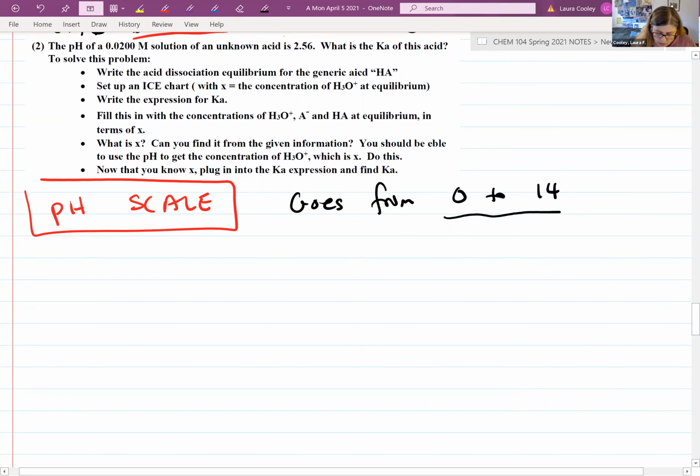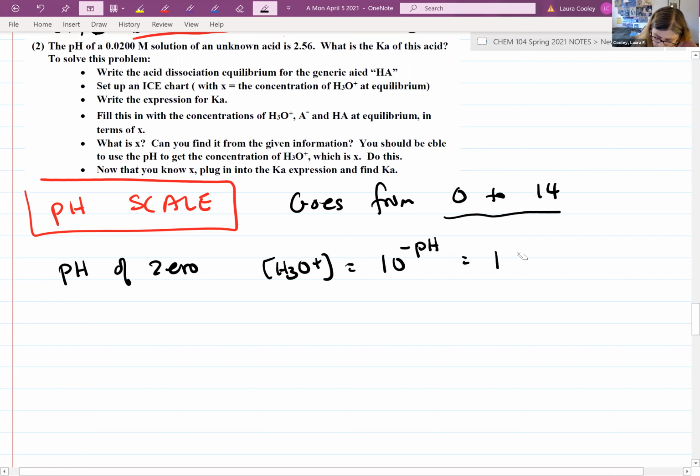All right, so let's see. A pH of 0. Okay, so the H3O plus concentration is 10 to the negative pH. So for a pH of 0, this would be 10 to the negative 0, which is the same as 10 to the 0, which is 1.